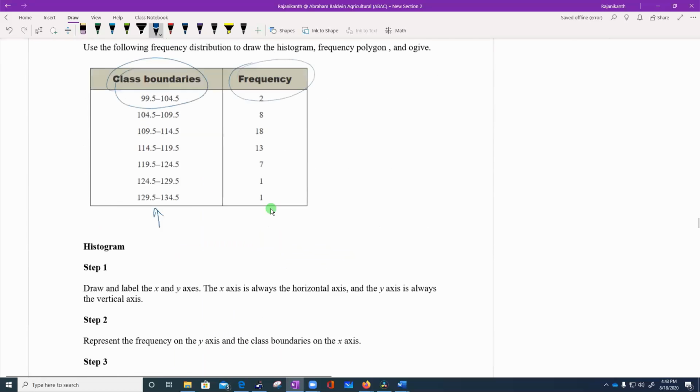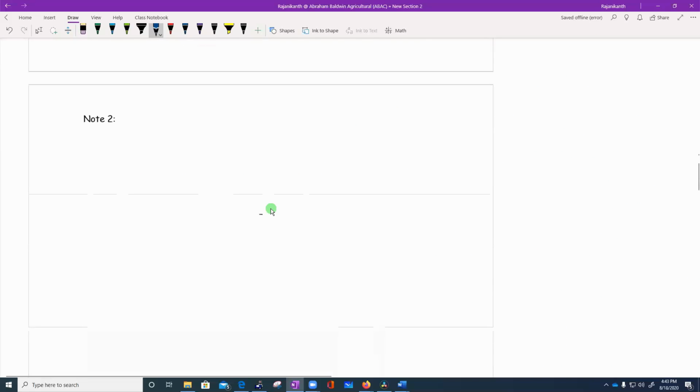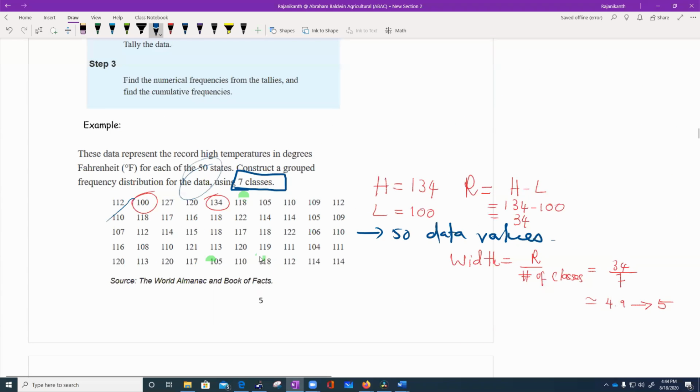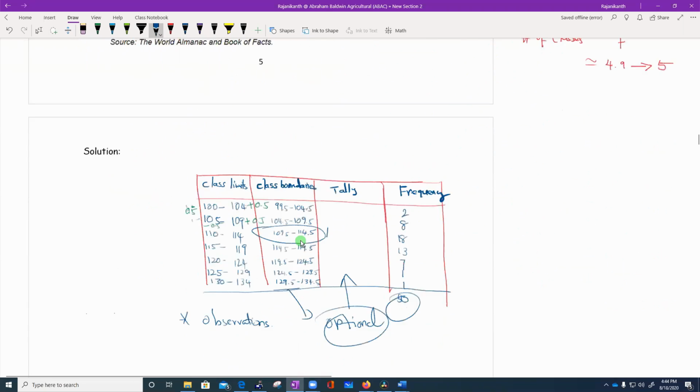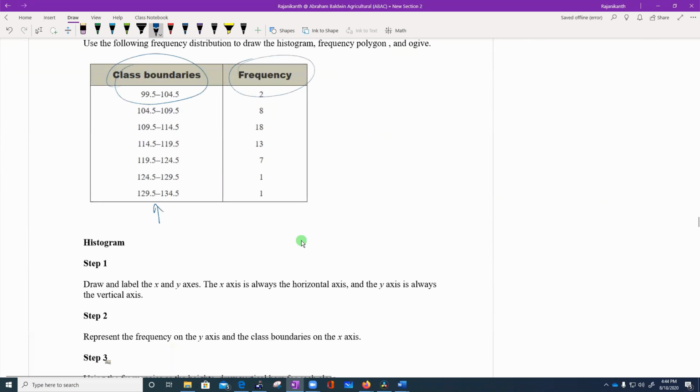Remember, before starting this problem, they already told us to take 7 classes to draw the grouped frequency table, right? Suppose if you do not know that, then you could fix whatever you like. But the calculator will choose some particular number of classes, okay? So now remember, I'm going to use the calculator to draw the histogram. Let's see how many classes the calculator automatically takes.